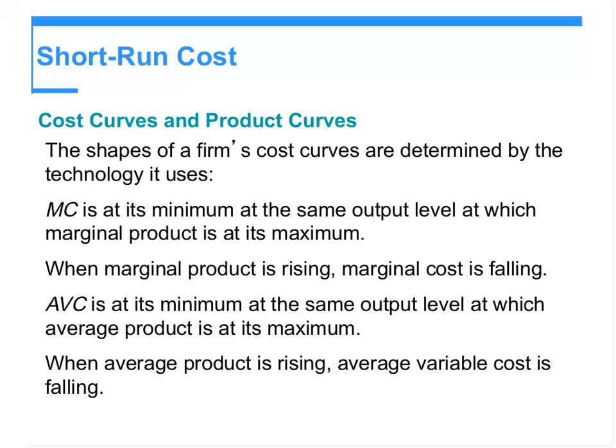The shapes of a firm's cost curves are determined by the technology it uses. The marginal cost is at its minimum at the same output level at which marginal product is at its maximum. So it's very clear. When marginal product is rising, marginal cost is falling, as we just explained.